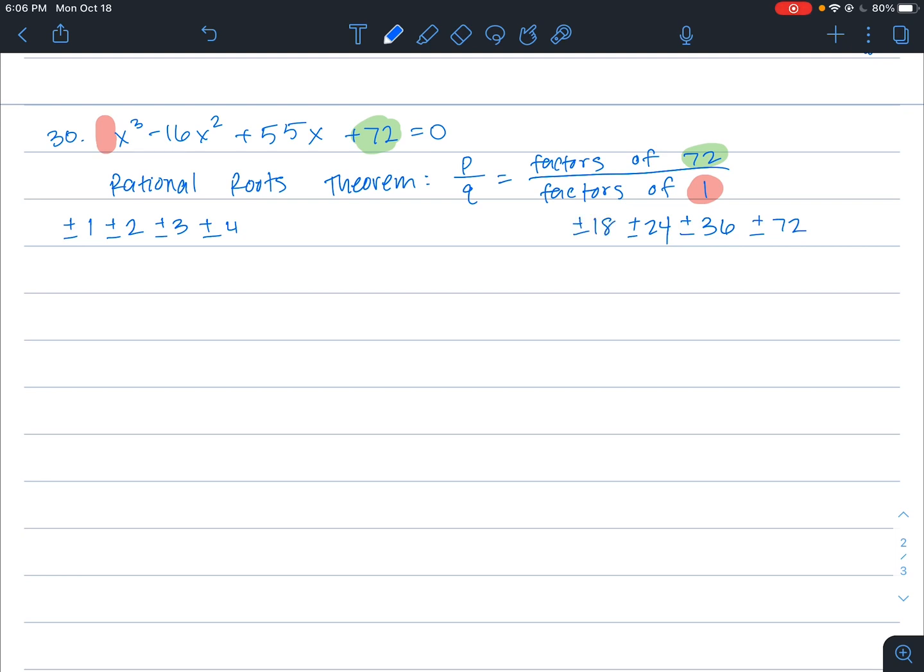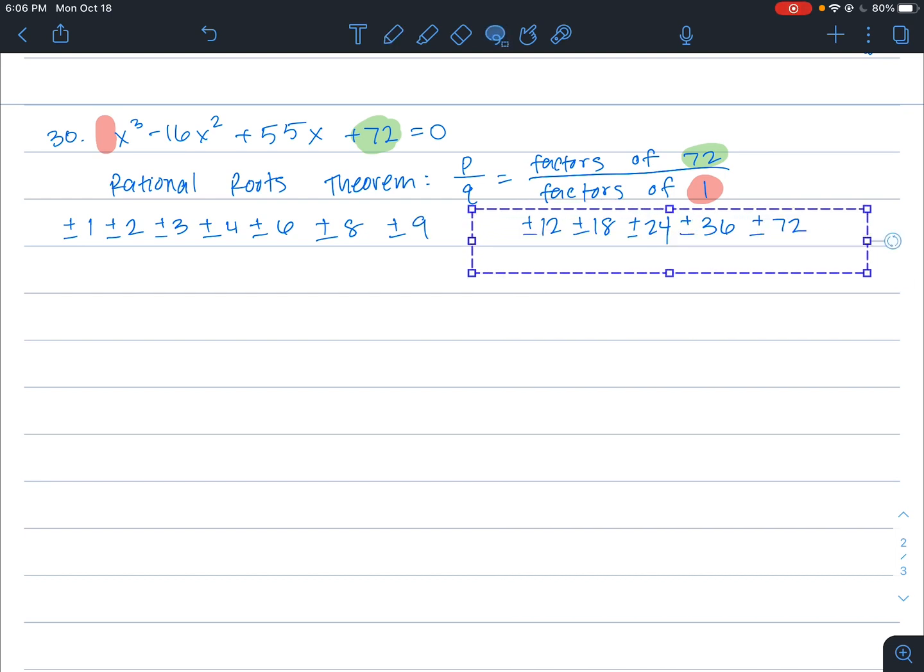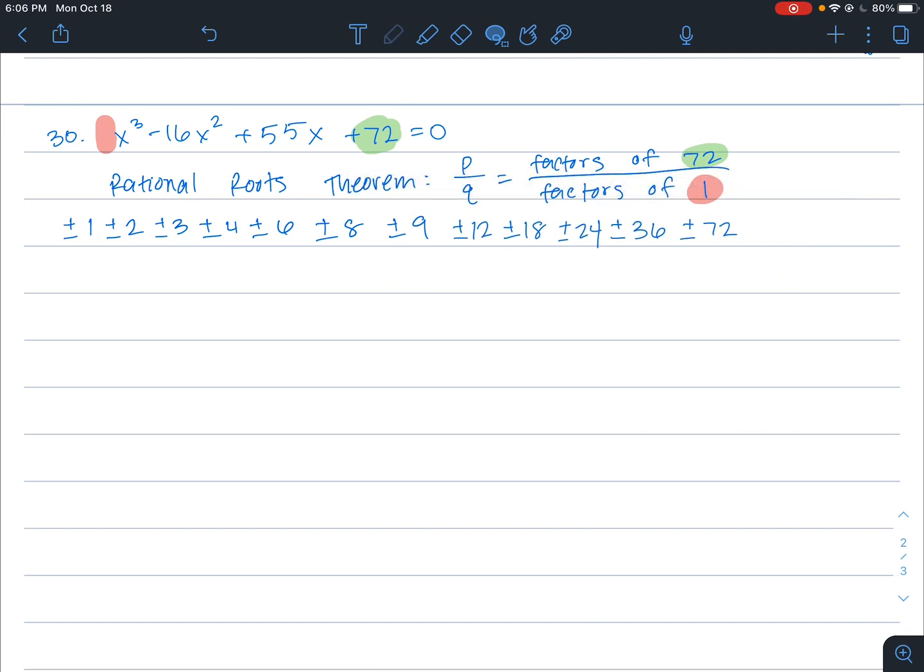So 72 isn't divisible by 5, but 72 should be divisible by 6, and it is. So plus or minus 6, and plus or minus 12. I believe 72 is divisible by 8, it is. So plus or minus 8, and plus or minus 9. Okay, so I've completed this list of all the factors of 72.